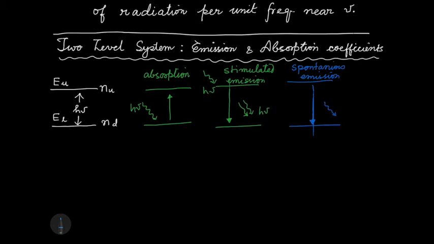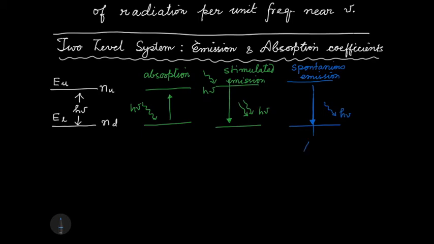An atom transits from the upper level to the lower level and a photon comes out of it. Both of these are emission, but one is radiation assisted and one is not. That is how we distinguish them.